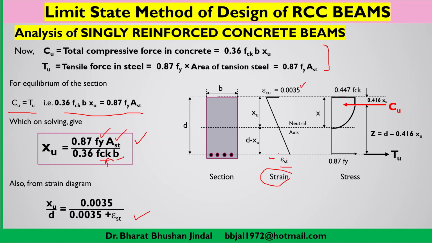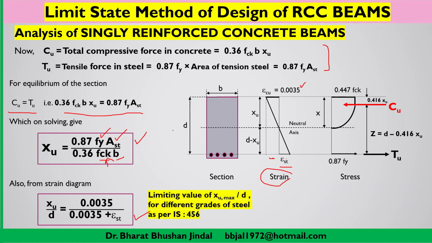So by taking the help of similar triangle theory, you can get the value of xu by d. This will give you the ratio of depth of neutral axis to the effective depth of the section.